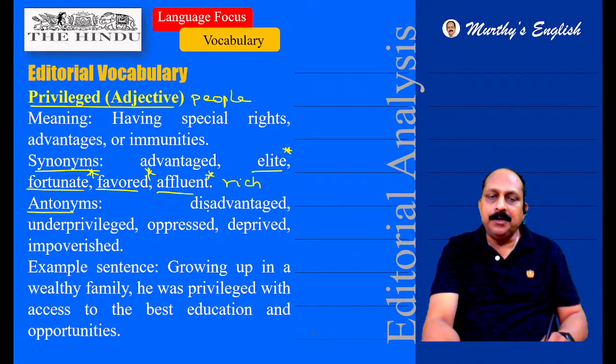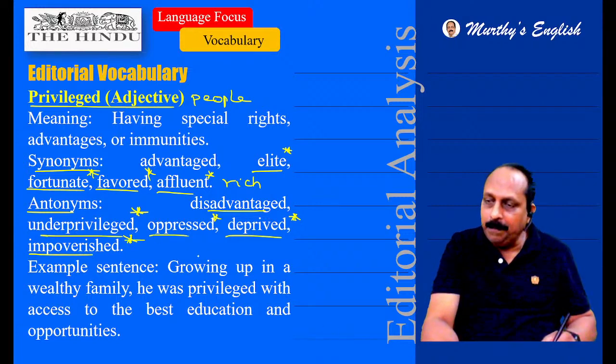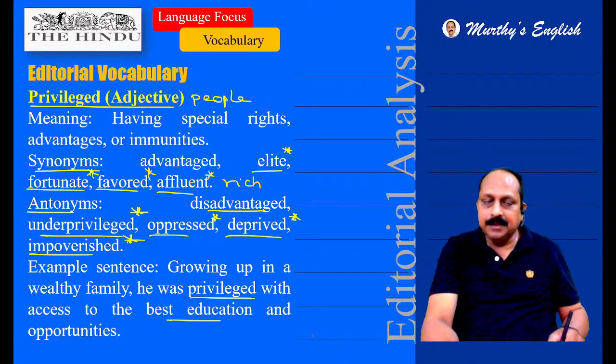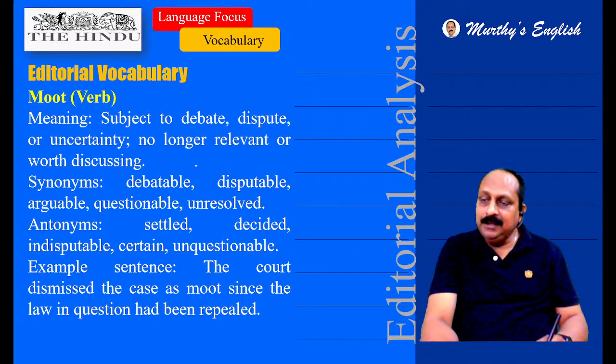Antonyms: disadvantaged, no privileges, underprivileged, an important word you have to use in the descriptive paper, oppressed, an important word, deprived of rights, important word, impoverished. That is also, all these words are very important. Example: growing up in a wealthy family, he was privileged with access to the best education and opportunities. Obviously. Opulence also you can say.